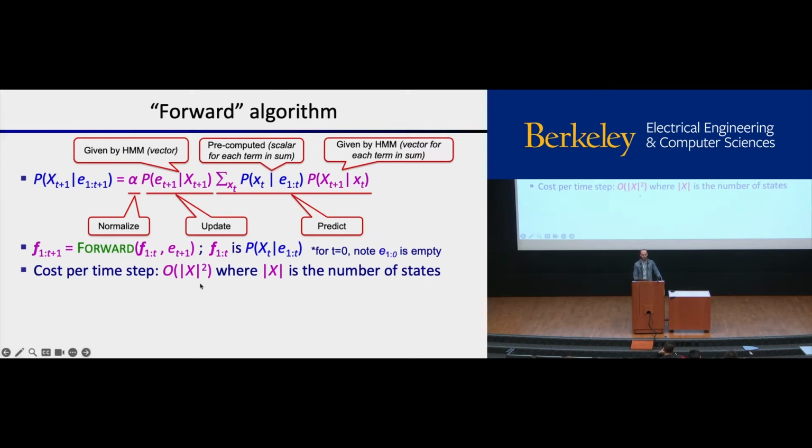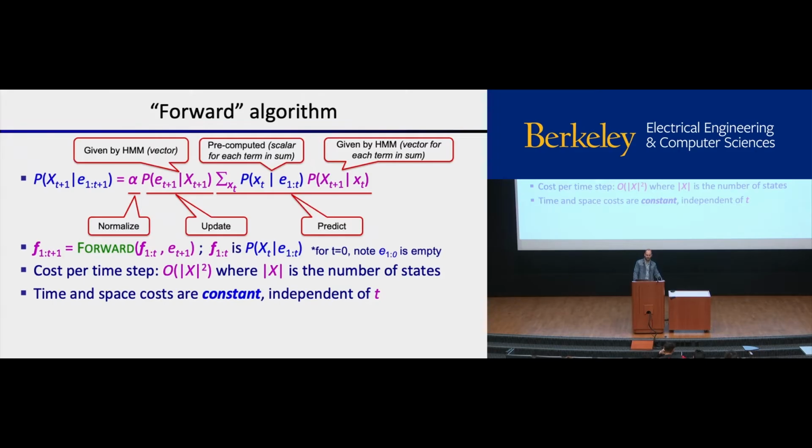Okay, so the cost per time step is order cardinality of x squared. So that's just the size of the set x, the number of states that we can be in. So excellently, the time and space costs are constant, independent of t. It would not be very good if it took you longer and longer to think about what's going on in the world the longer you lived.